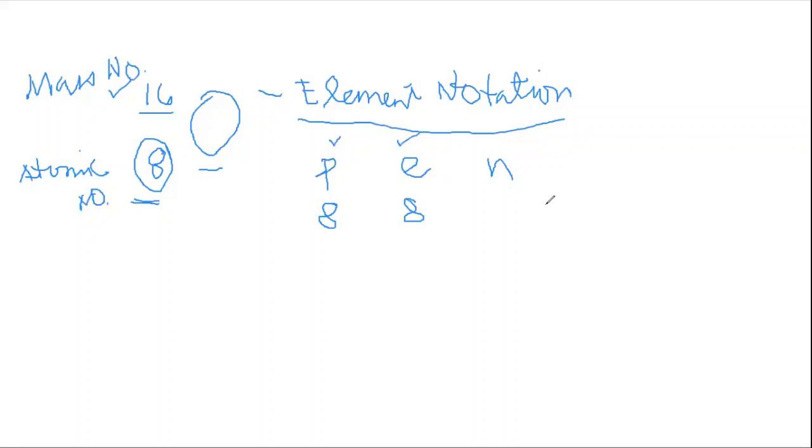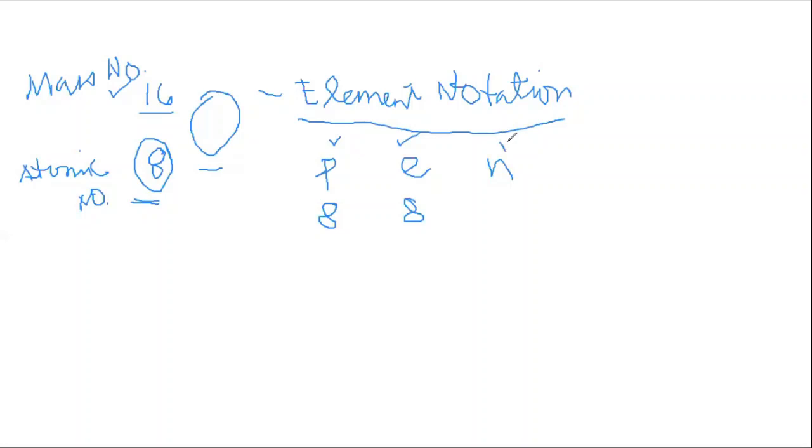Nakukuha po ba ako? Section A and B. Nakuha po ako. Ulitin ko po kung ano po ang atomic number natin, yun din po ang number ng ating proton at saka electrons. Nakukuha po ba ako? Yes, ma'am. Yes, okay, very good.